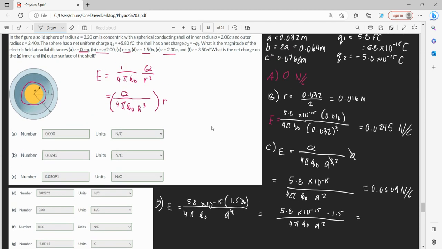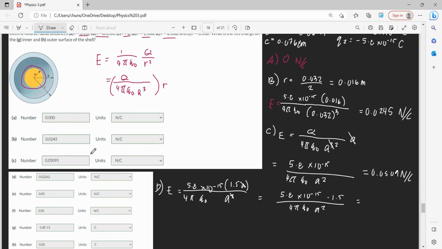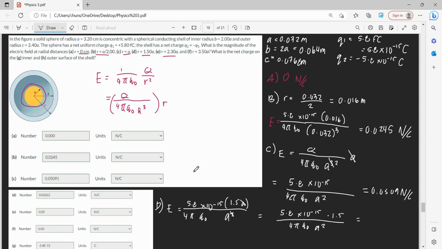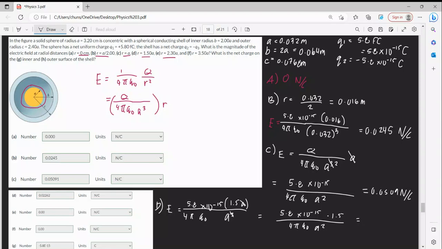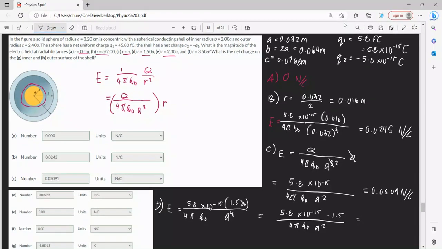Okay, I think I'm doing something wrong, but it should equal out to 0.02262. Let me find out what I am doing wrong. Just give me a quick second. Okay, in our equation, it's actually going to look something like this. I'm so sorry.